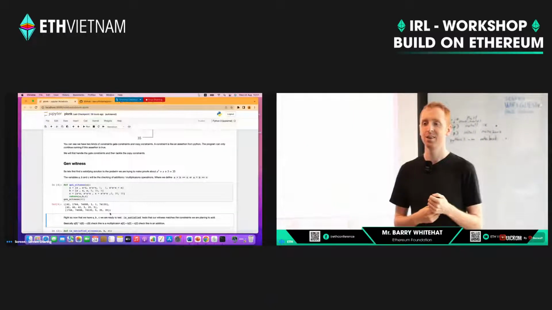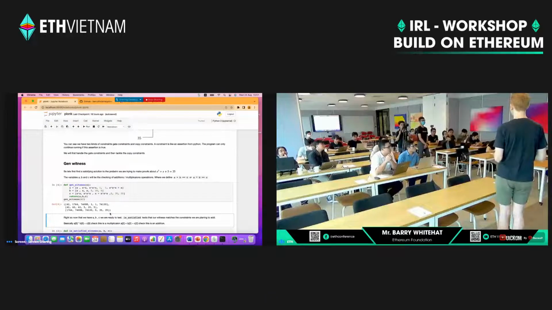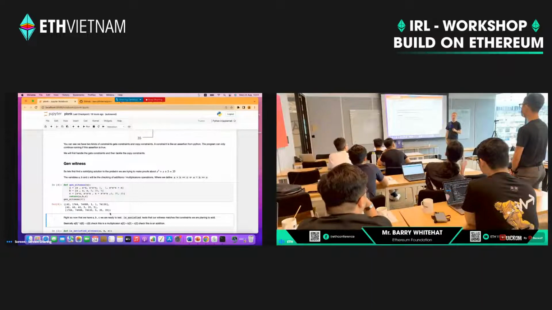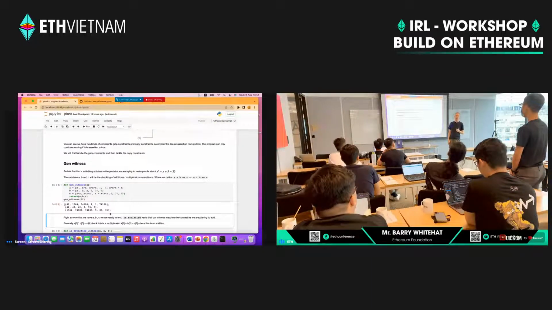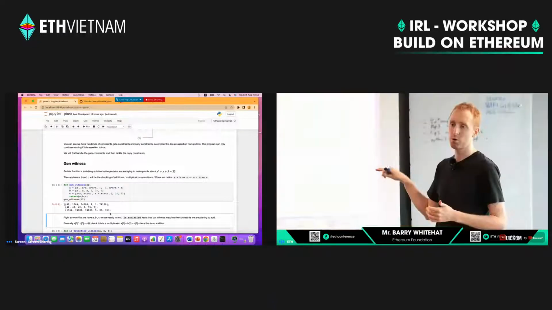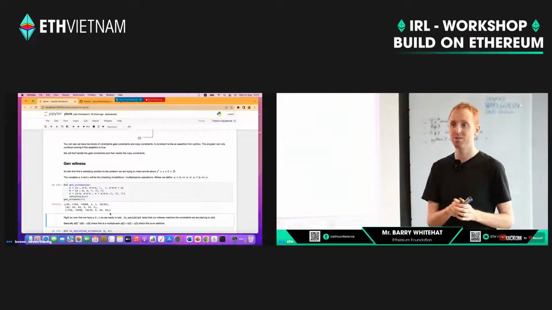What happens if it's not an integer? What if it's like 0.01? If it's a floating point number, this is broken. If it's a negative number, this still works.